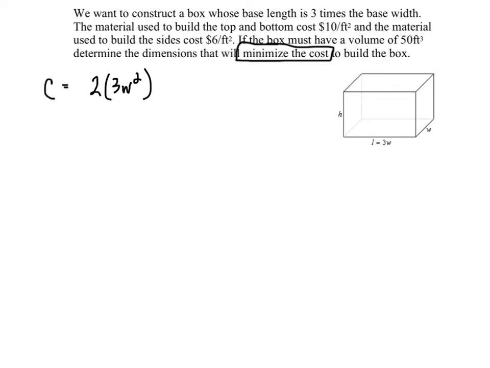And it told me that costs $10 per square foot, so I'm going to put $10 multiplied by that area. The sides are $6 per square foot.